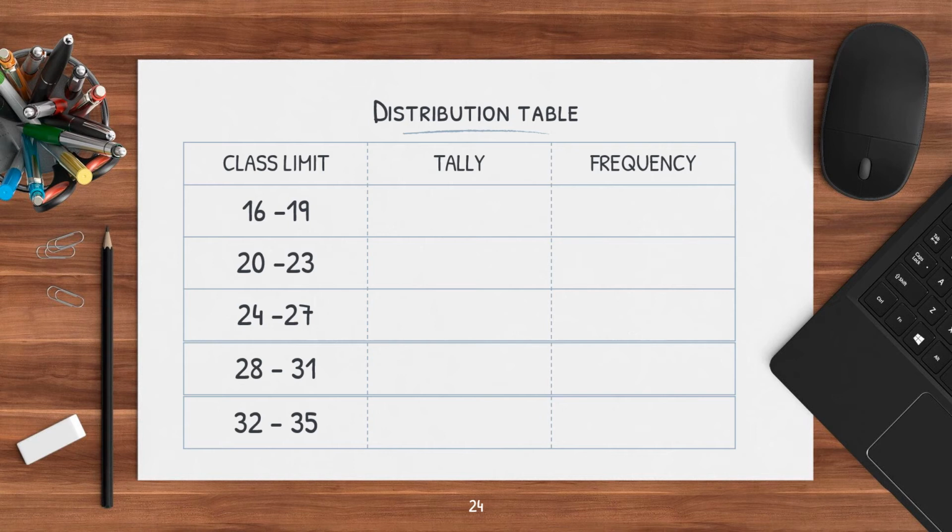There you have it, the distribution table when it comes to age according to class limit. So we cannot just put any number that we want. We need to follow the formula in order to present it and to validate it.